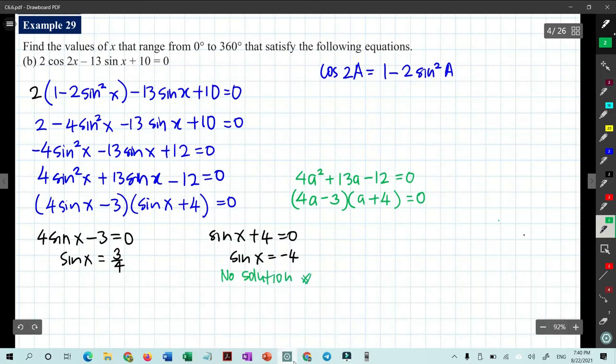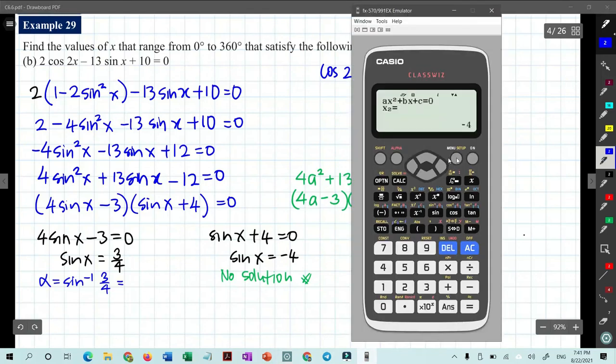Okay, and as usual, let's find alpha. Alpha is equals to shift sine 3 over 4 and the value of the reference angle. Okay, and don't forget to change the mode of the calculator to degree.